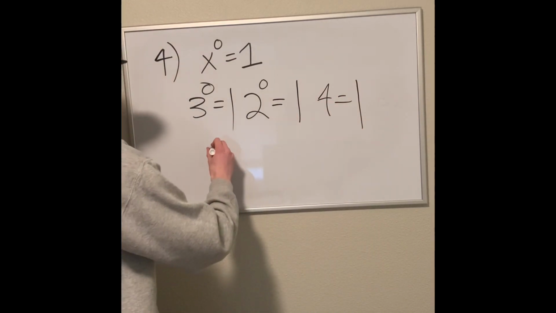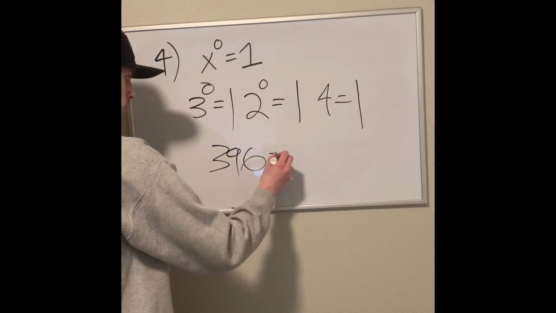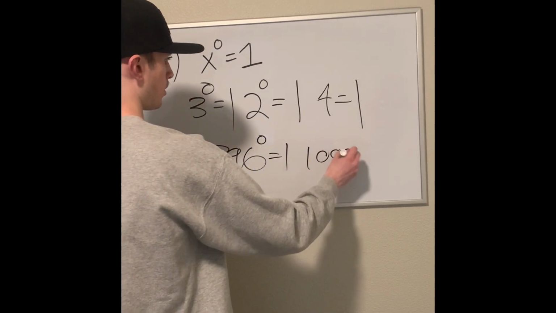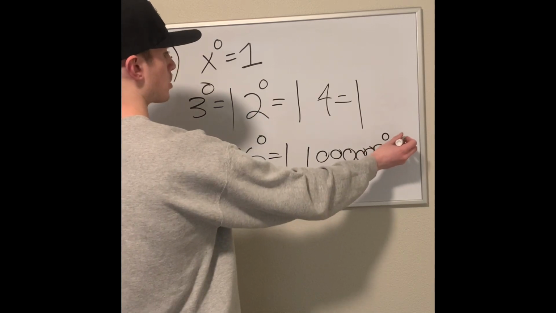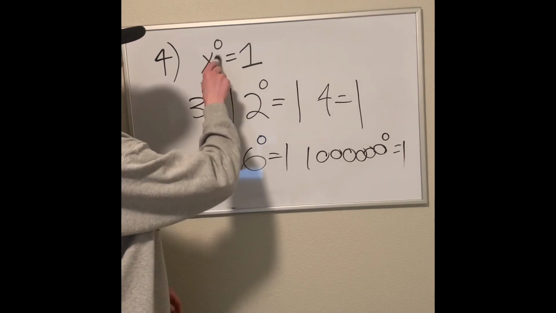And if I take 396, that's also 1, and if I took 1,000,000 to the 0 power, that's also 1. So anything to the 0 power is 1.